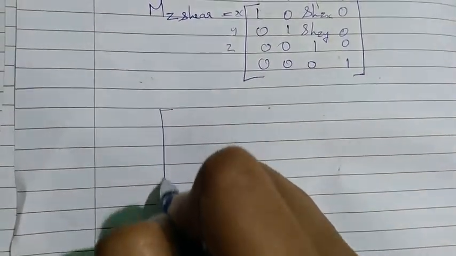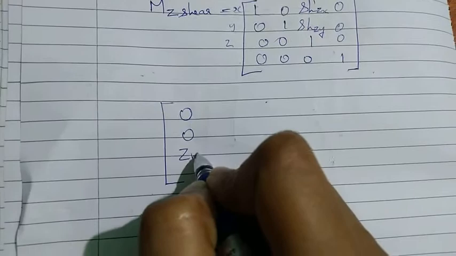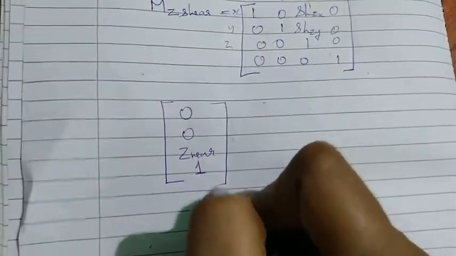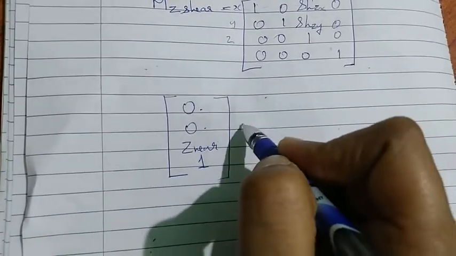Now, what was the point we are supposed to obtain? At 0, 0, z near and taking the homogeneous coordinate, it is 1: XPRP, YPRP and z near.